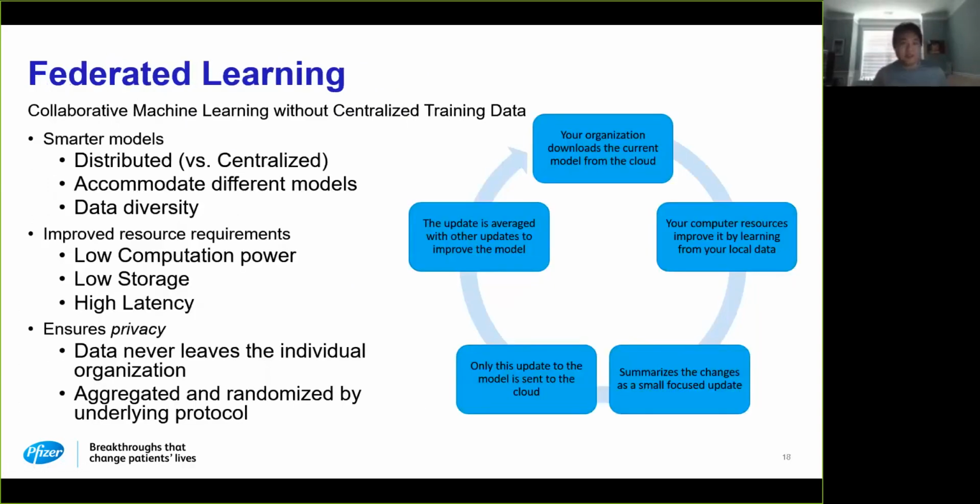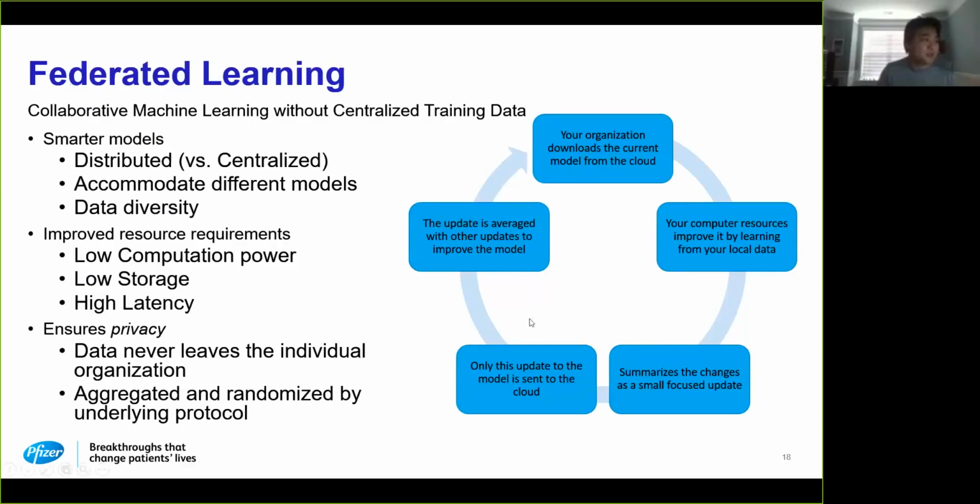Okay, and further down the line, what we try to do is called federated learning. It's simply sharing of smart models between entities, between companies in this case. But we are not sharing any data. It has distributed models, and it can accommodate different models and diversity of data. And of course, because it's distributed among different nodes, it lowers the computation and storage requirements, and high latency is acceptable.